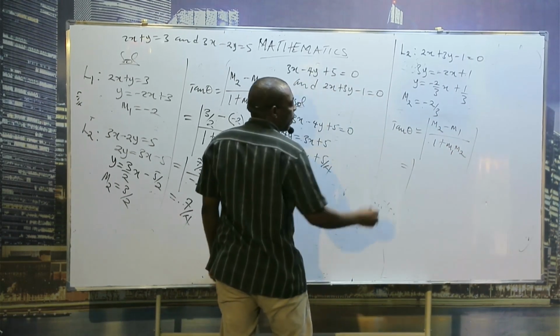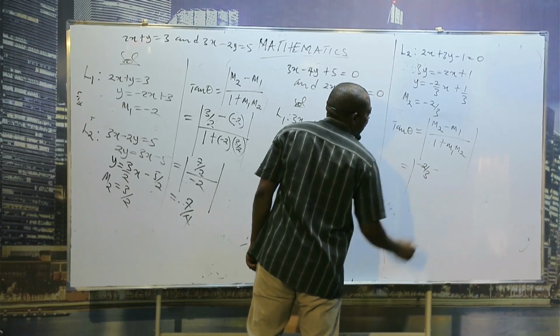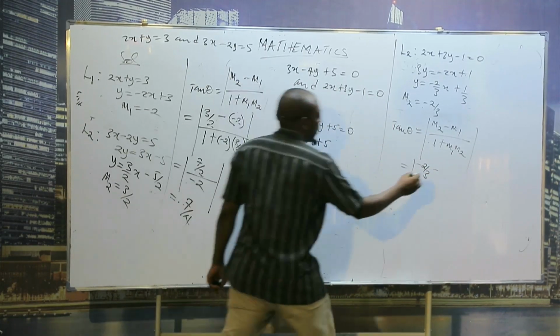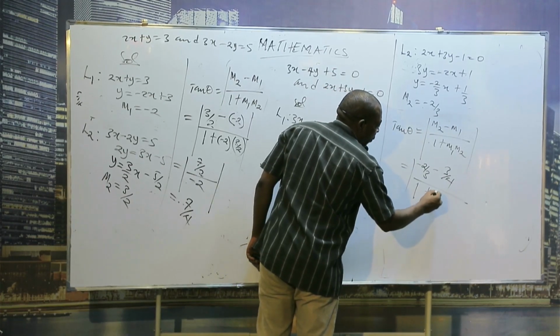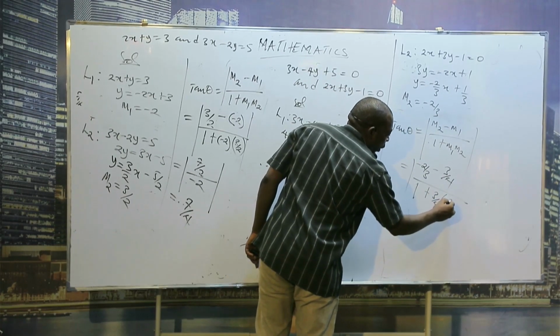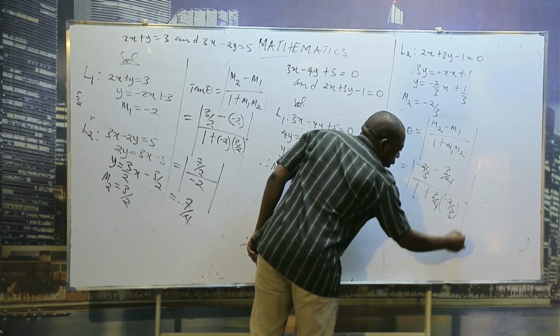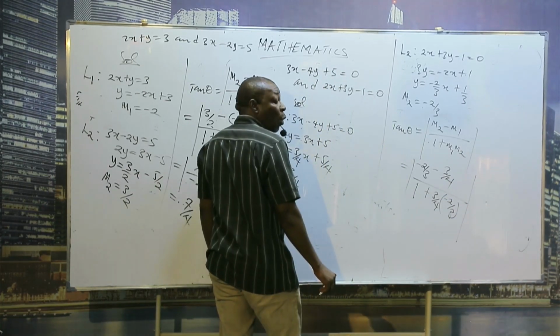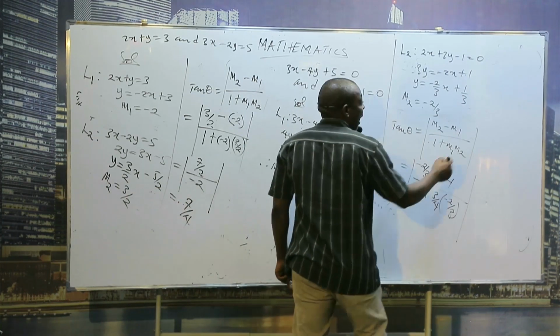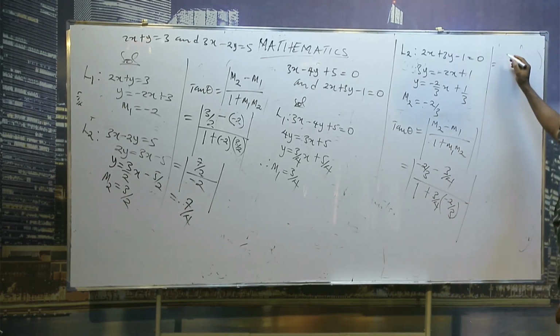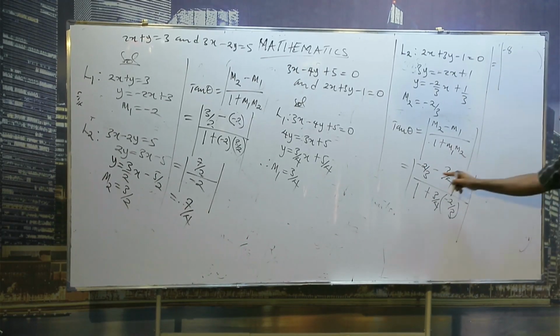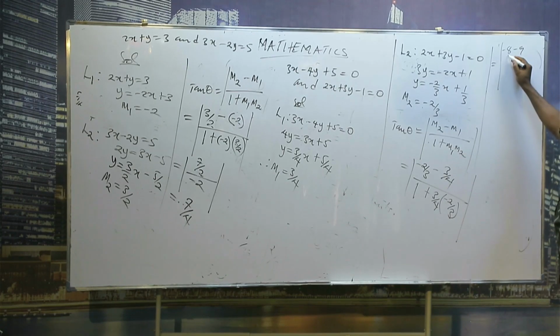What is m2? What is m1? 3 over 4 over 1 plus 3 over 4 times minus 2 over 3. Is that true? You know what to do here. So, what do I say here? This is minus 8, and this is the numerator, everything over how much?